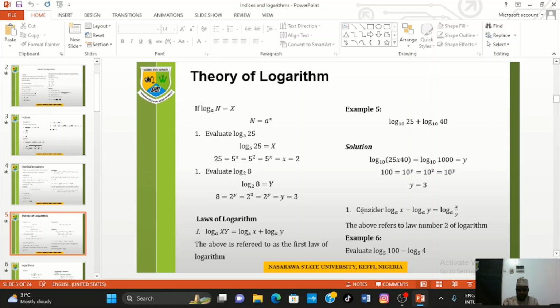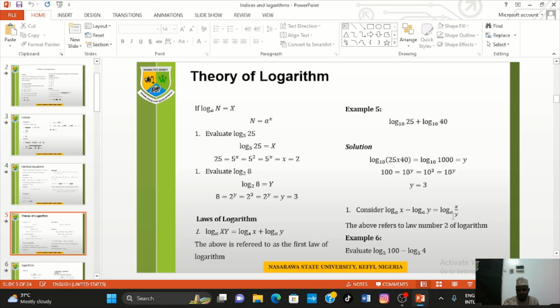Now, let's consider the second law: log x to base a minus log y to base a. As they are subtracting, then you divide them. So, since the base is the same, base a, you can write it as log x over y to base a.